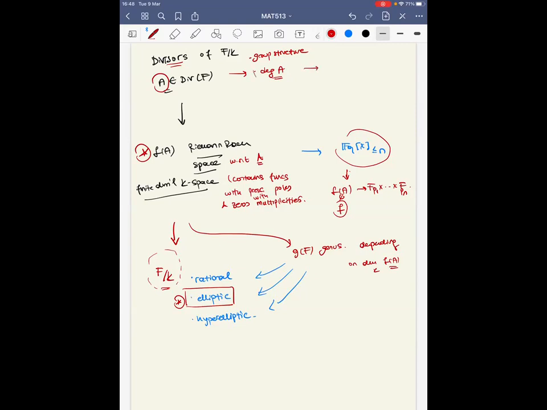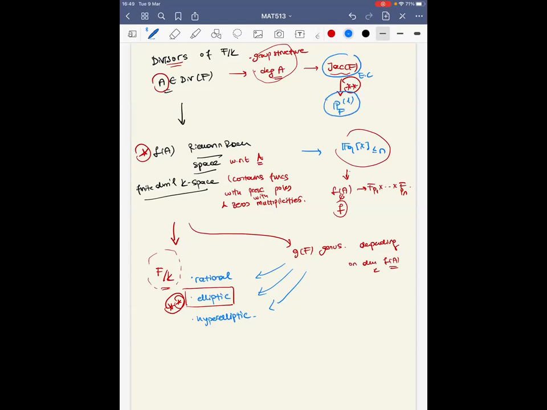And depending on these properties, we will be able to define a quotient group, which we will call the Jacobian. For the elliptic function field case, we will be able to find a one-to-one correspondence between this group and the set of rational places.